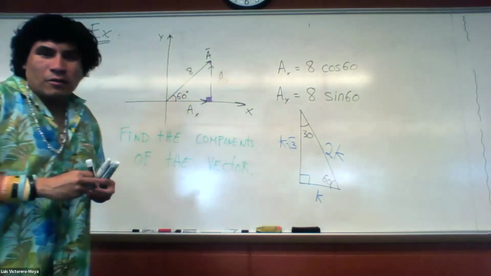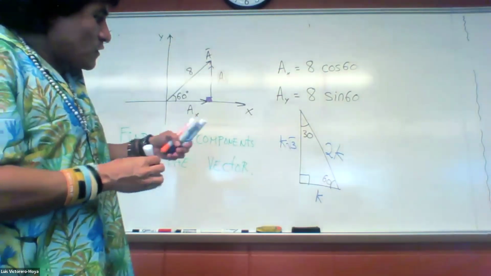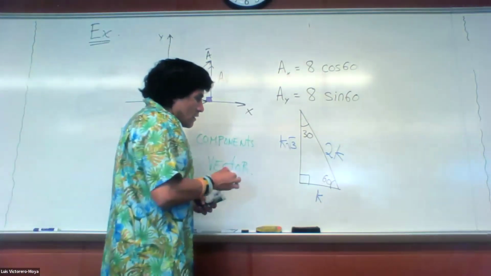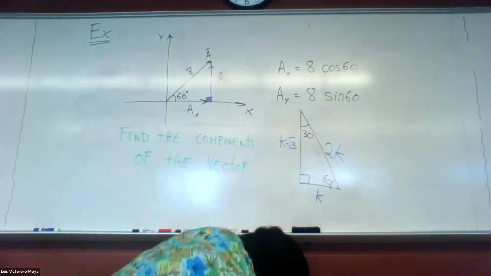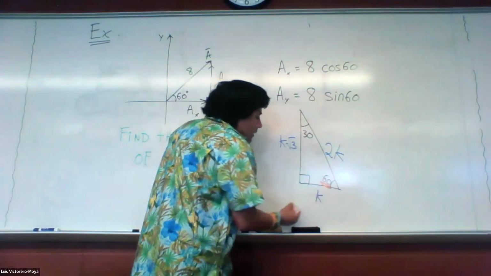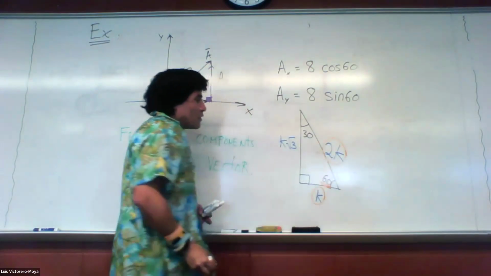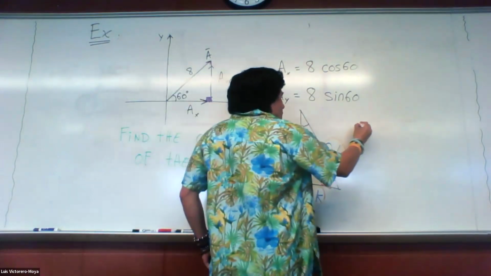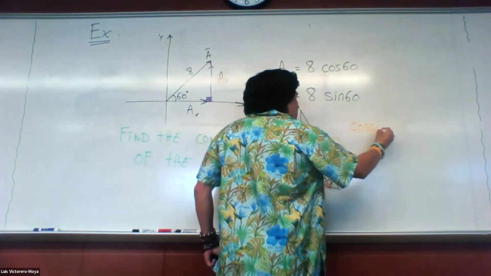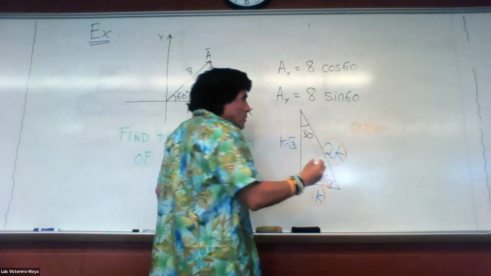It's a special triangle. So the cosine of this angle, cosine 60, is adjacent over hypotenuse. So cosine 60 is K over 2K, that's 1 over 2.